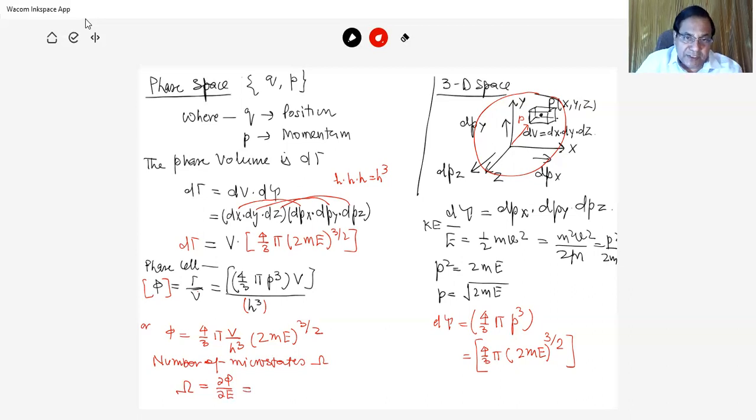So this value is 4/3 π V upon h cube, (2mE)^(3/2).